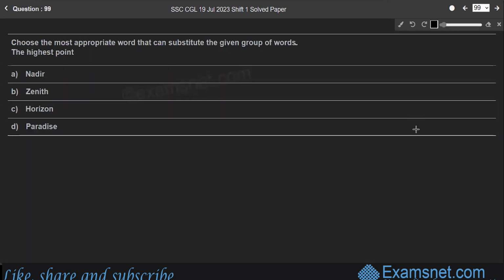Question 99. Choose the most appropriate word that can substitute the given group of words. The highest point is called zenith, right? The zenith means highest point or peak. For example, sun is at its zenith at noon.